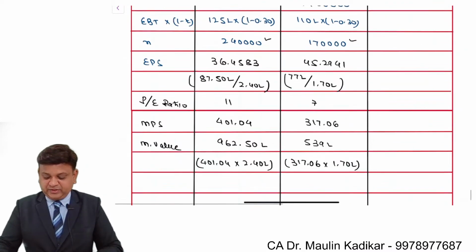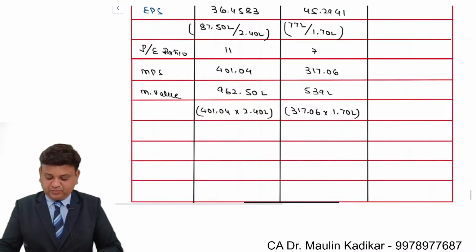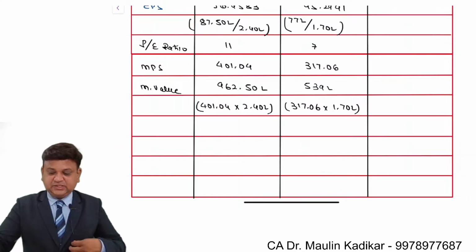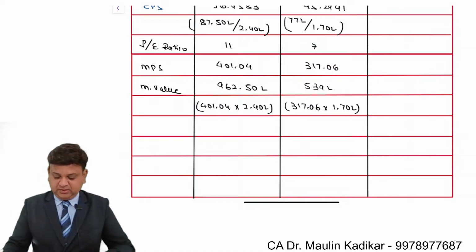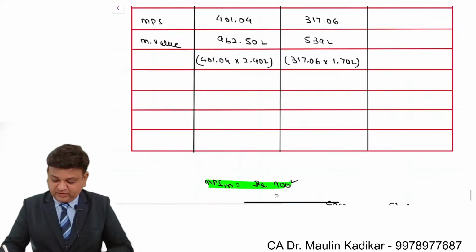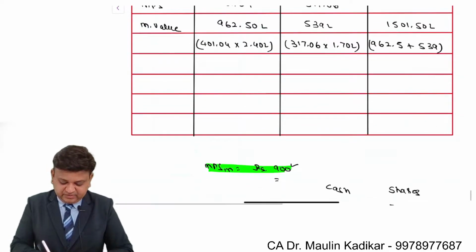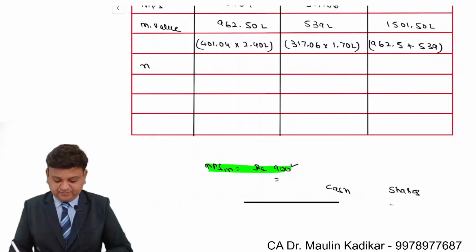And importantly, friends, for the merged firm, we will be having the total of both of them, 962.5 plus 539. So 1501.5 lakhs. The same will be divided with the number of shares.